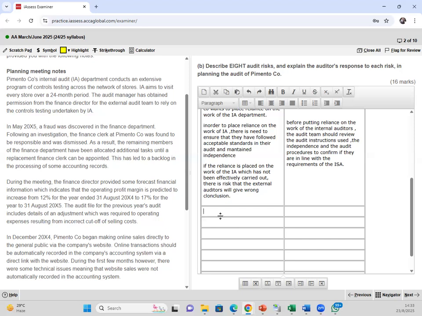This has led to a backlog in the processing of some of the accounting records. So to the auditors, what are the risks?